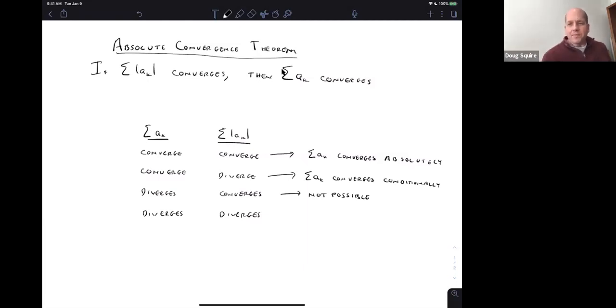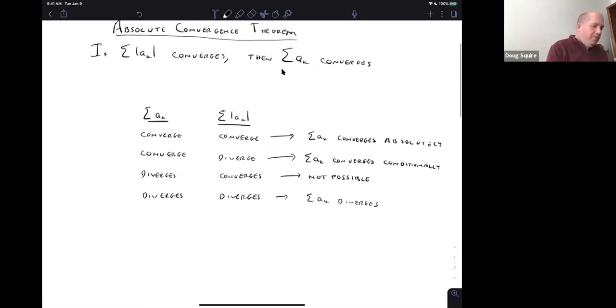Does that make sense? And then if the sum of a_k diverges, its absolute value does too. So we don't make a distinction and we just say, okay, the sum of a_k diverges. In that case, the sum of the absolute value has to diverge. Does that make sense? Any questions so far?